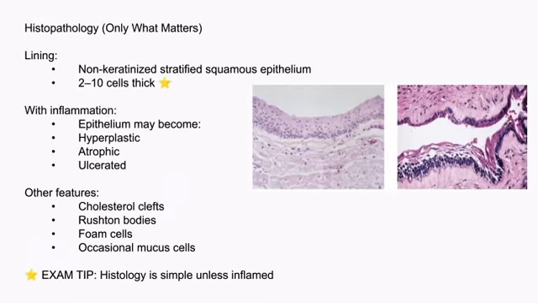Now we have to look at the histopathology of this cyst. Under the microscope the cyst is lined by 2 to 10 layers of non-keratinized stratified squamous epithelium. If inflamed, this lining may become hyperplastic, atrophic, or ulcerated.